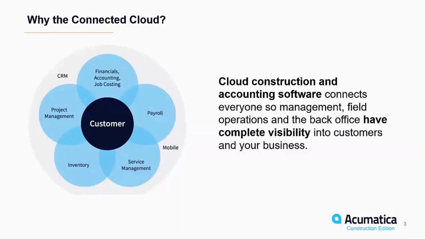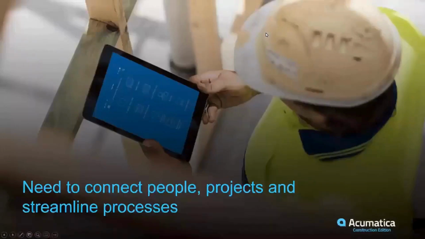So the folks on the management side, the field operations side, and the back office folks have complete visibility into the customers and your business and into the projects, right? Where are we on a project perspective from a job costing side, whether it's the cost budget or the revenue budget, or perhaps change orders or expense claims, project issues, approvals, all the things that happen multiple times a day on a construction project. And we're going to be walking through that functionality today.